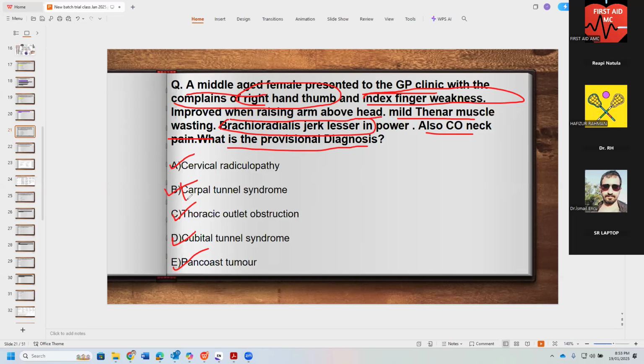It affects the space between your collarbone and the first rib. So this is your collarbone and this is your first rib from the sternum. So the space between them will be affected, and they have major vessels and nerves passing through it.